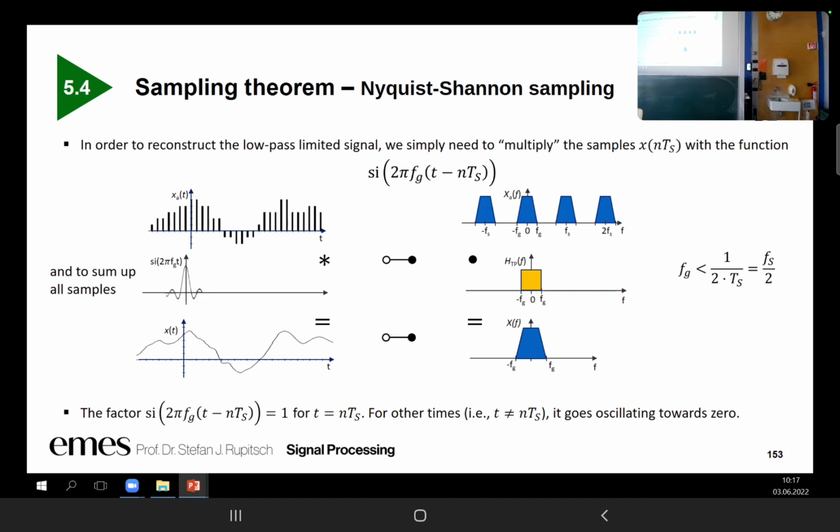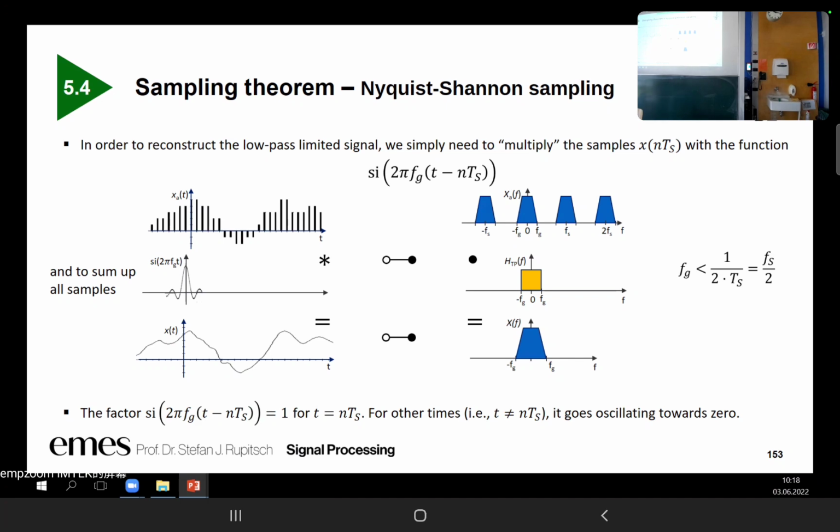Does the Dirac pulse contain lots of energy in the real world? We cannot produce a Dirac pulse, and therefore the Dirac pulse does not contain energy. And if our output signal should contain energy, it's better to replace this Dirac pulse with a staircase function.